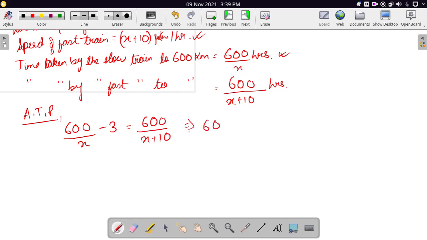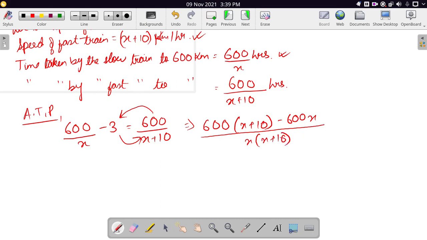Now we will solve this. We have taken this here in the second step. After that we have taken the LCM. When we do the LCM, it comes out like this, and it is x plus 10. This is simply equal to 3.